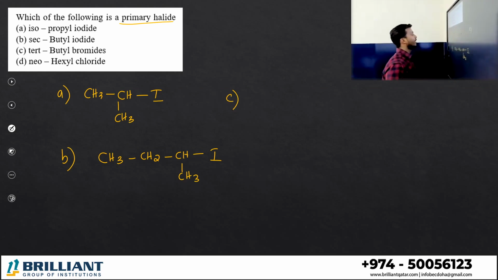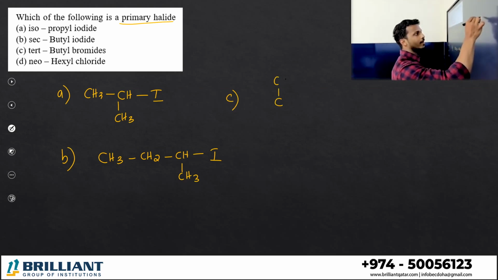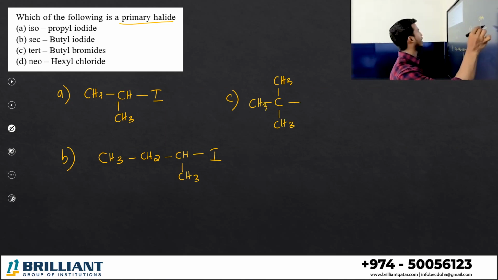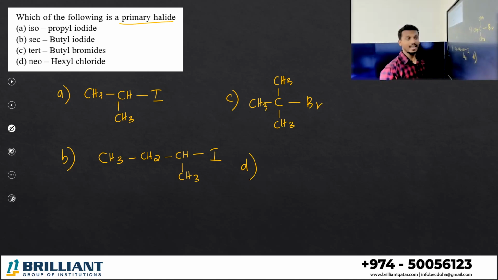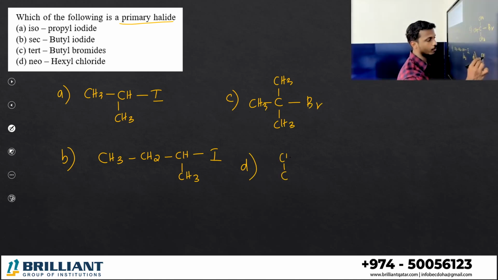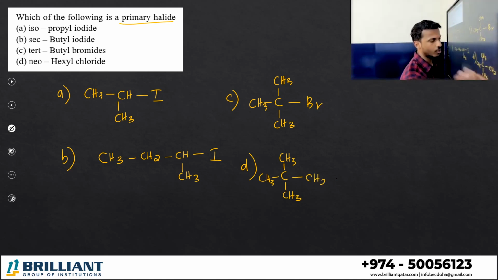Option C. Tert-butyl. One carbon connected to 3 methyl groups is called tert-butyl bromide. Option D. Neohexyl. What is the neohexyl group? This is tert-butyl. Tert-butyl with one more carbon is called neopentyl. One more carbon is called neohexyl, with chloride.